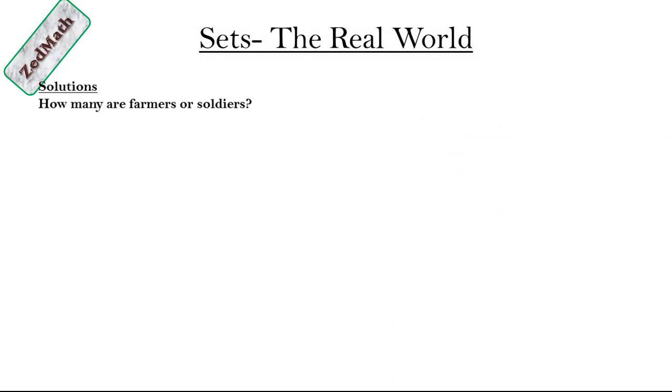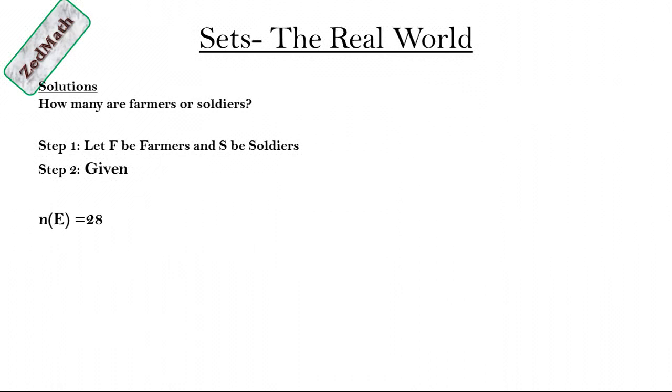So the question is, how many are farmers or soldiers? Step 1, let F be farmers and S be soldiers. Step 2, let's see what we have been given, and then let's convert that into mathematical symbols. We've been given that the total number of people present at the meeting was 28.